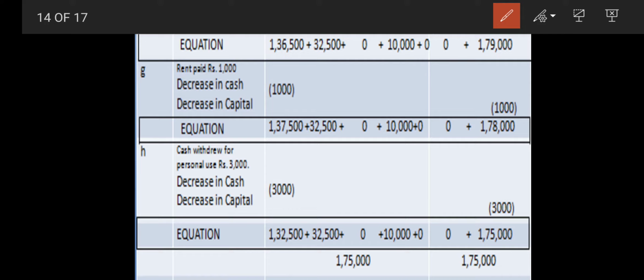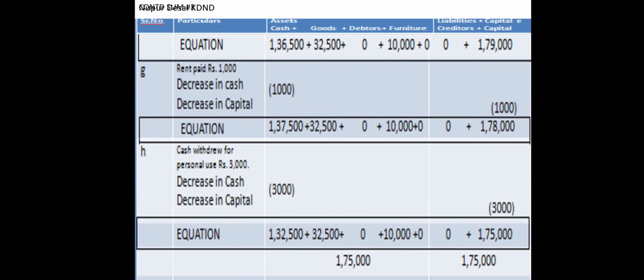And last comes cash withdrawn for personal use 3,000. So in this case there is a decrease in the cash and a decrease in the capital, because drawings is not an expense, it is reducing the capital.